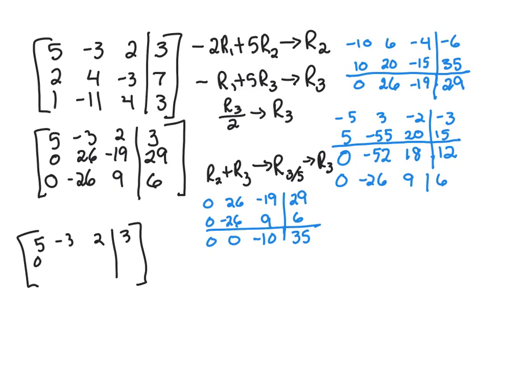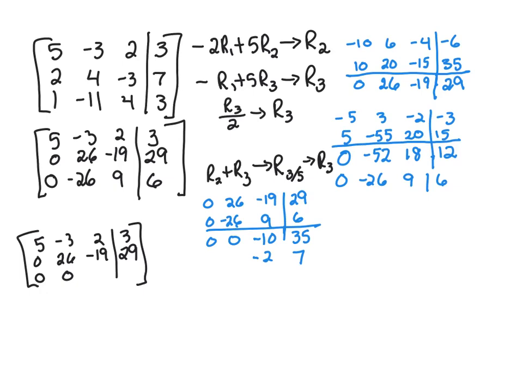Row 2 is 0, 26, negative 19, 29. But now my new row 3 is 0. I divided by 5. 0 divided by anything is still 0. Now minus 10 divided by 5 is minus 2. And this divided by 5 is 7. So those are my two answers here.